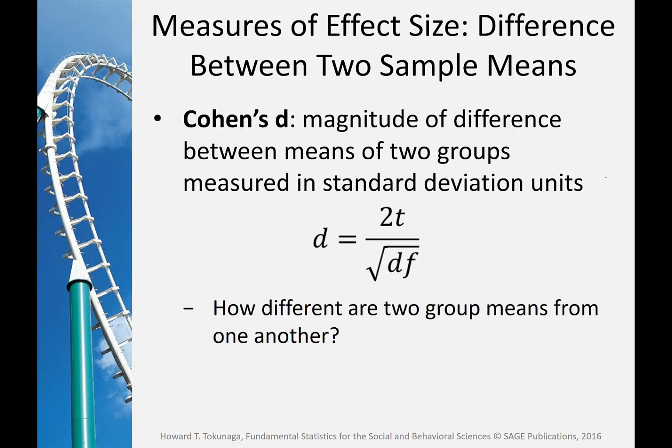So Cohen's d is equal to 2 times t. T is the actual statistic that we computed back in that example. So when we arrived at a t-score and we looked at that relative to the critical value, that's the t. Divided by the square root of the degrees of freedom. So we have in here a proxy for sample size.